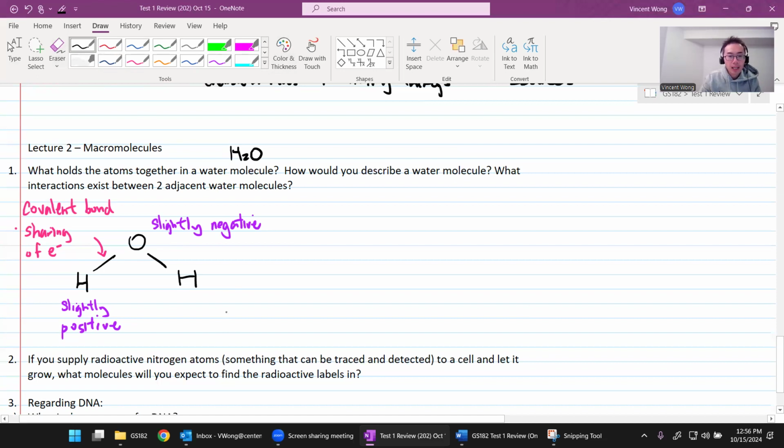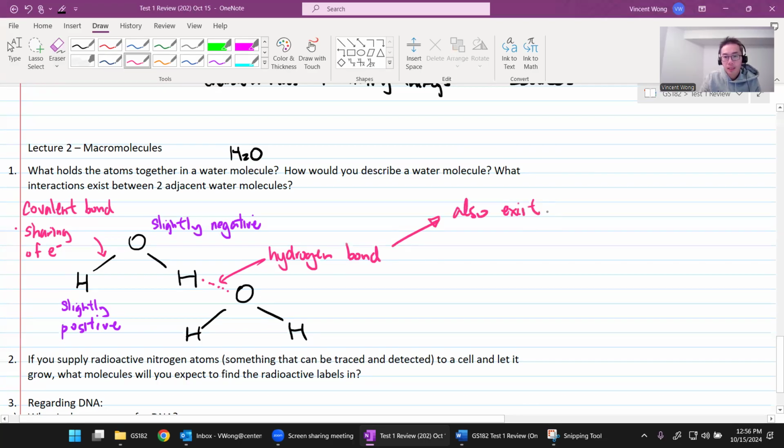So if you put two water molecules next to each other, like that, the slightly positive portion will be attracted to the slightly negative portion of another molecule, and this interaction is called hydrogen bond. Okay. So hydrogen bond also exists in secondary and tertiary protein structure.